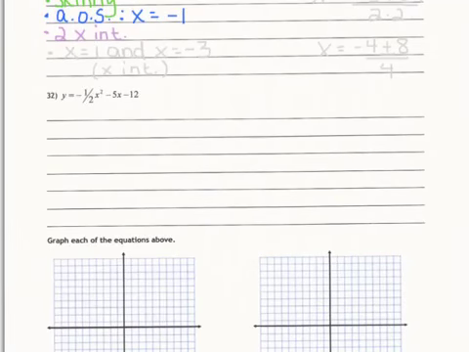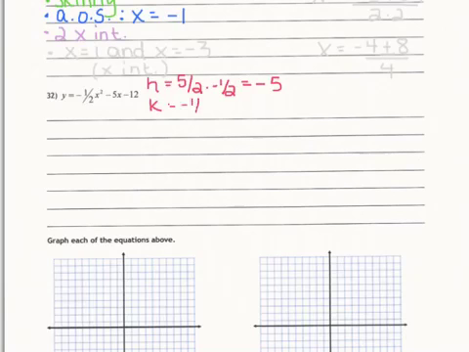To find the vertex, let's find h, which is negative b, which in this case would be positive 5, over 2a, which is 2 times negative 1/2. That's 5 divided by negative 1, because 2 times negative 1/2 is negative 1, so my h value comes out to be negative 5. And then to find k, I'm going to plug that negative 5 in for x.